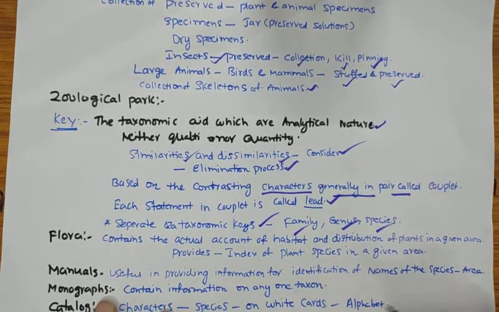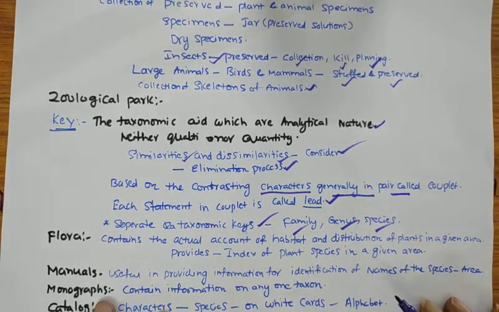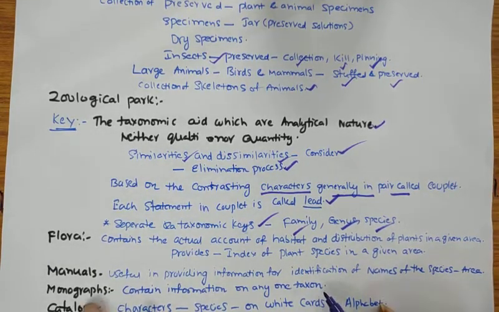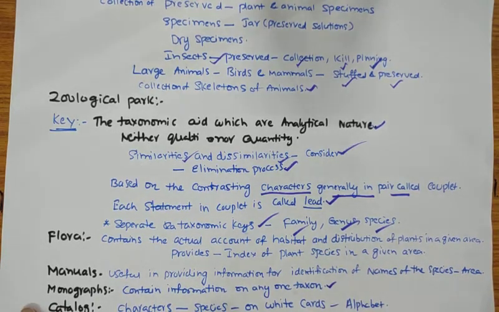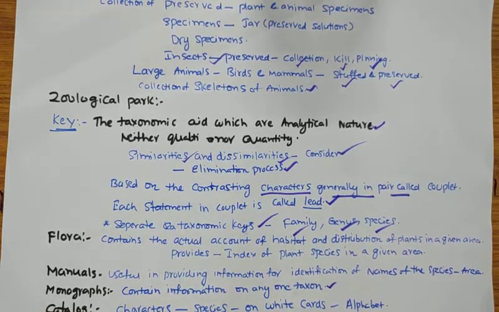Another taxonomical aid is monographs, which contain information on only one taxon. And the last one is the catalog, which maintains the characters of different species, published on white cards and arranged in alphabetical order. So thank you. That is the living world in total. Thank you to all.